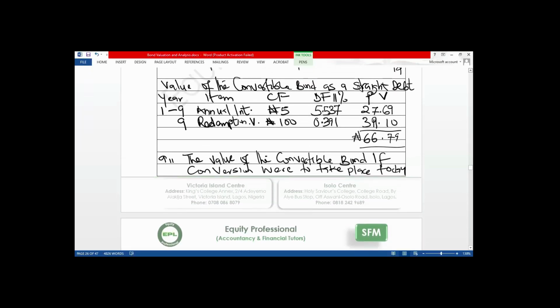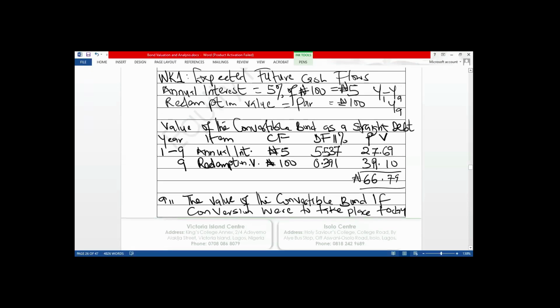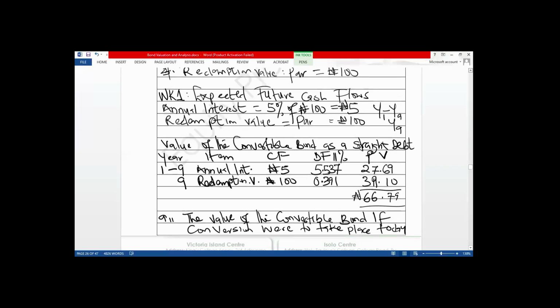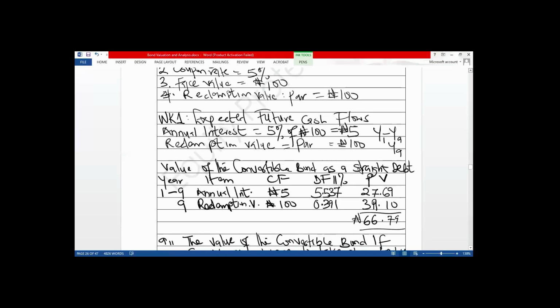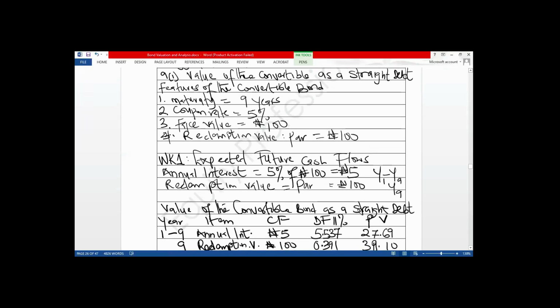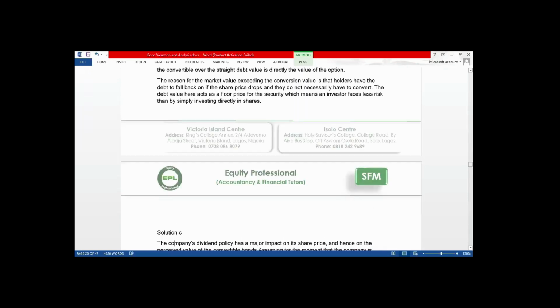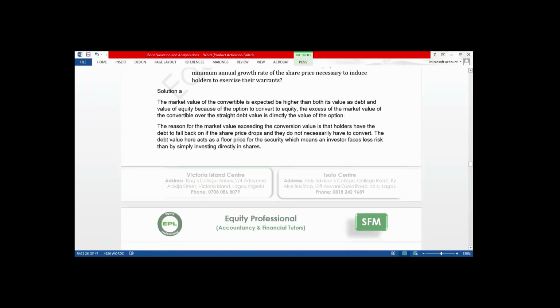Then the other aspect of the question: will you expect the market price of the convertible to be above or below each of these two amounts, and why? I want to check if the answer is here. Yes, it's here.